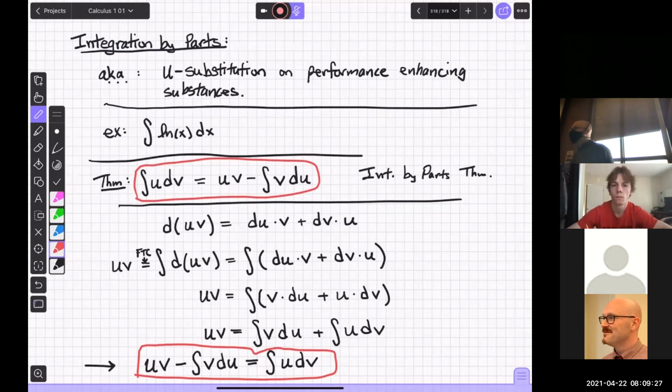Well, what was the first step that we did? Chain rule. Product rule.